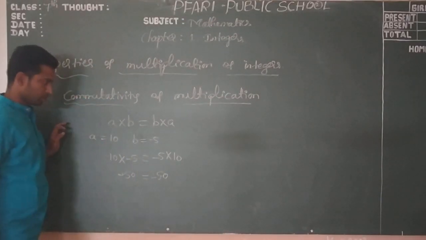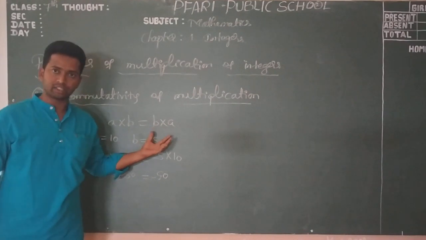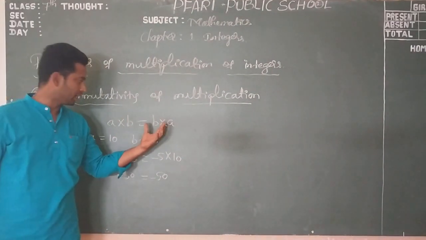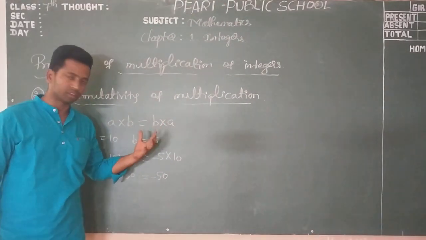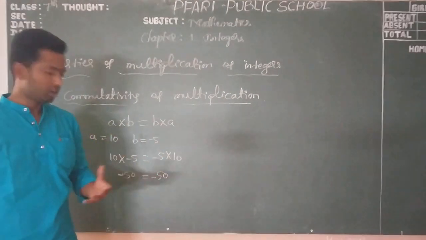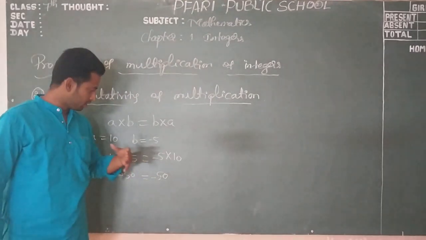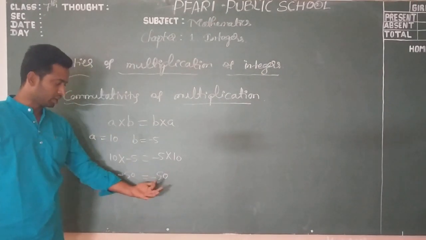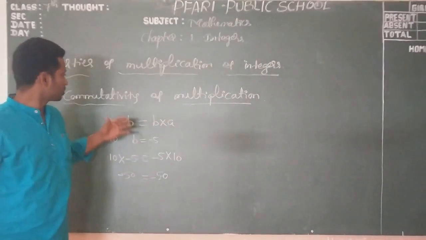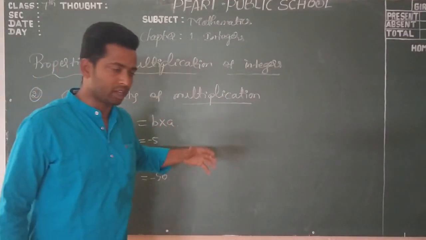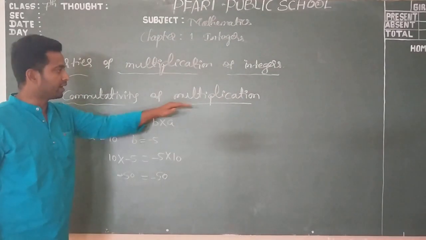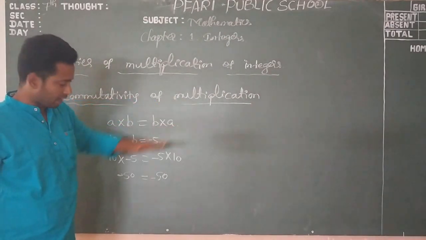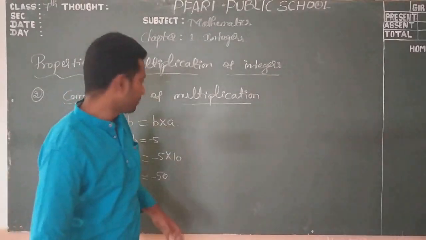If we change the place of the integers, we obtain the same integer. Here also minus 50. So this commutative property holds for integers under multiplication. Hence this is a proof.